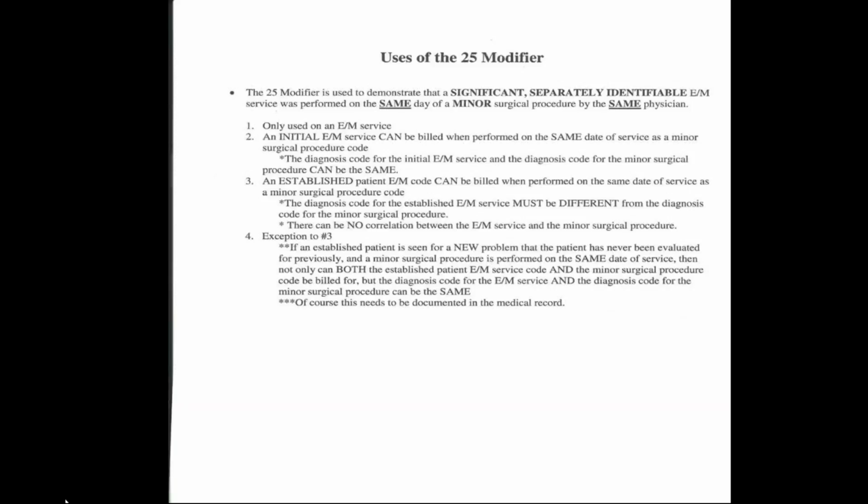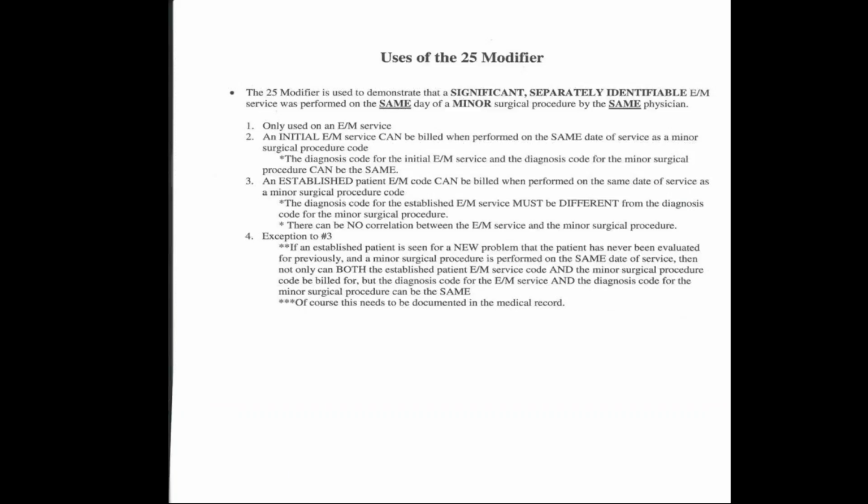The 25 modifier is used to demonstrate that a significant separately identifiable E&M service was performed on the same day of a minor surgical procedure by the same physician. Once again, key phrase, significant, separately identifiable, E&M service.